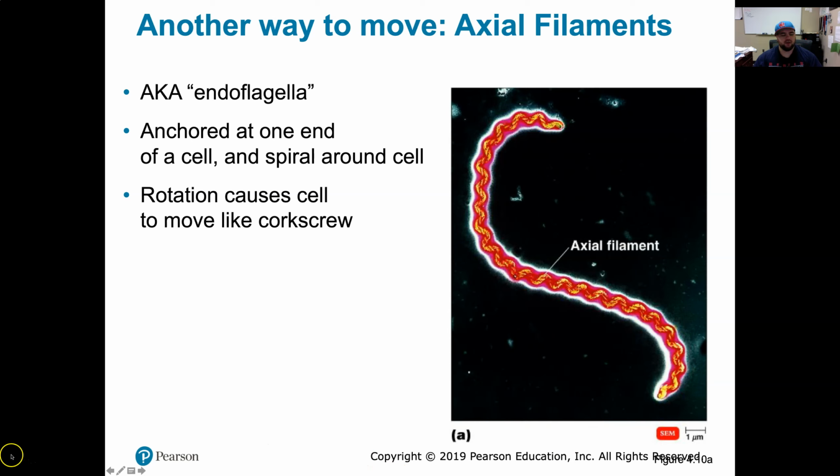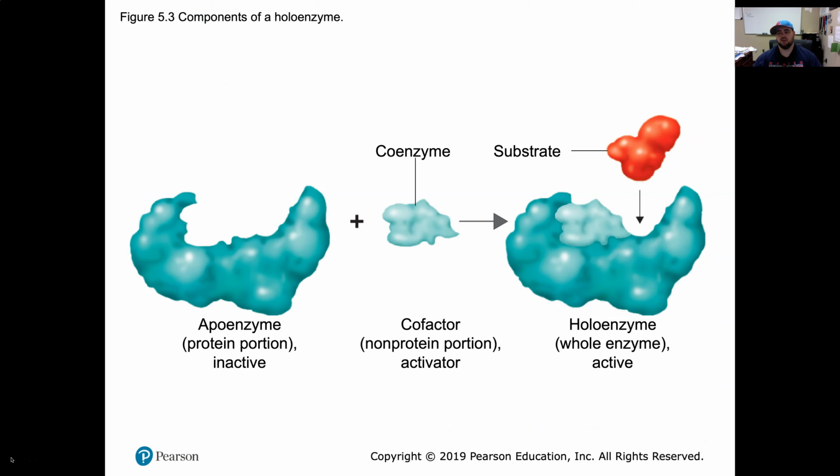So now that we've talked about the axial filaments and the flagella, which are structurally made of proteins, we're going to talk about enzymes, which are also proteins. As I mentioned, enzymes are really important, and we were going to talk about them later in the chapter. So we finally come to that. It's important to understand that these structures are based on a protein structure.